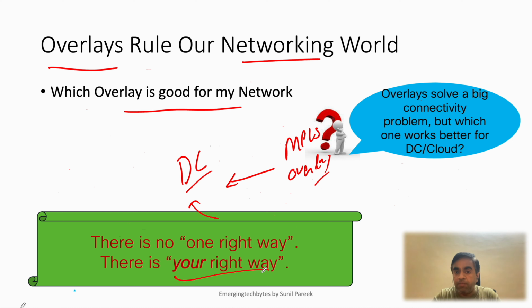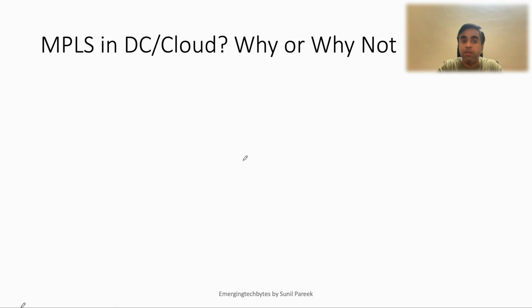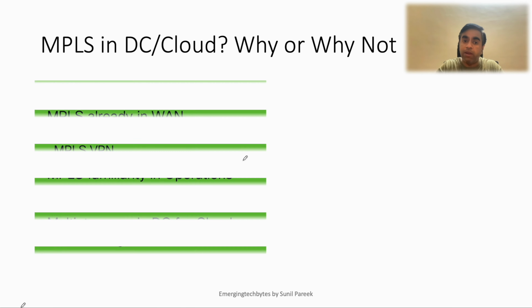Having said that, let me put some thoughts on the table on why DC networks did not adopt much on the MPLS side. Right? So MPLS in data center, why or why not?